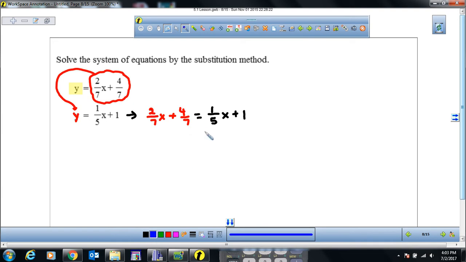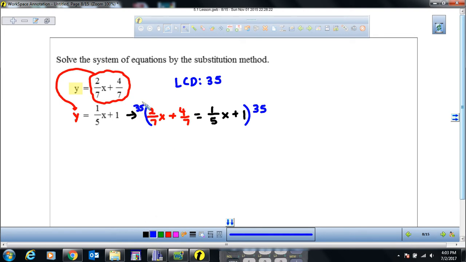So in order to solve this with fractions, the easiest thing to do is to multiply the least common denominator on both sides of the equation. The least common denominator of 7 and 5 is 35. So I'm going to multiply 35 on both sides of the equation, so that way we can get rid of the fractions.